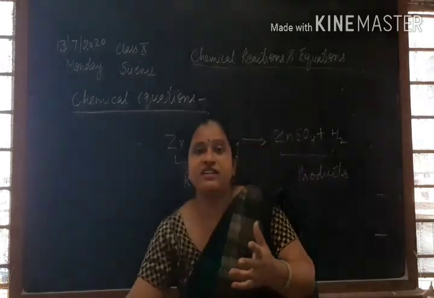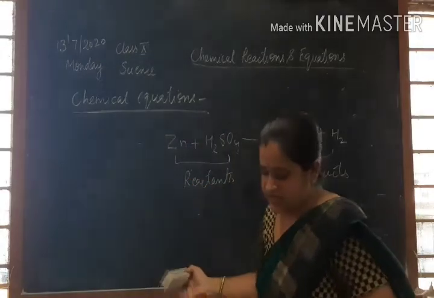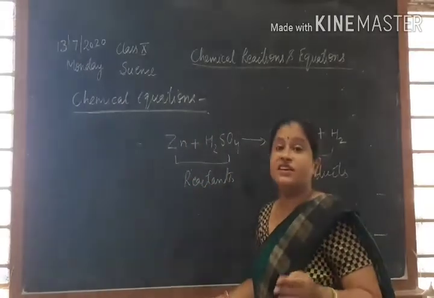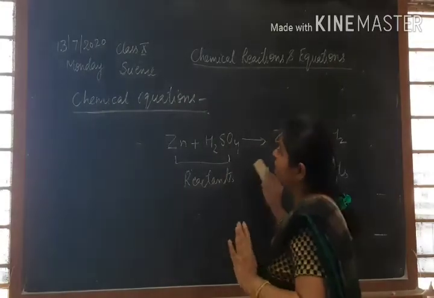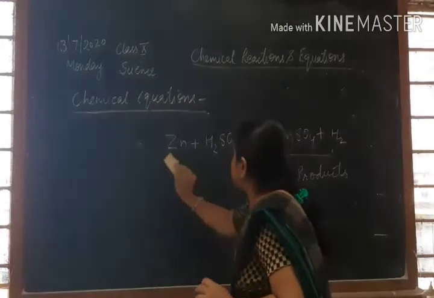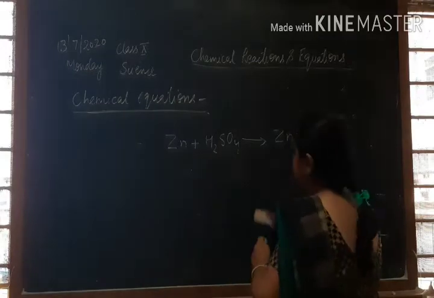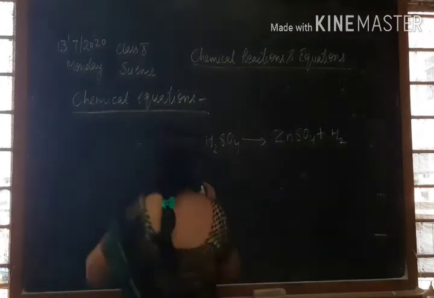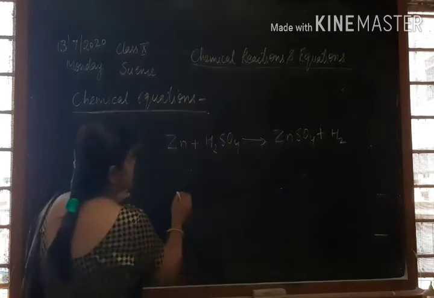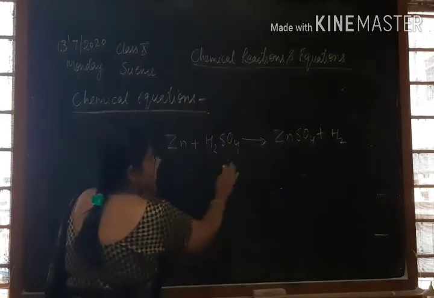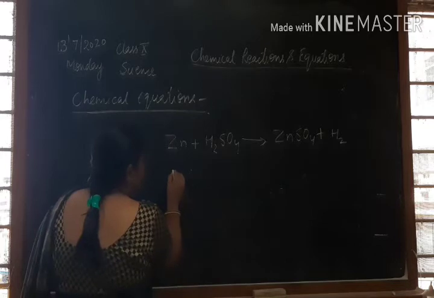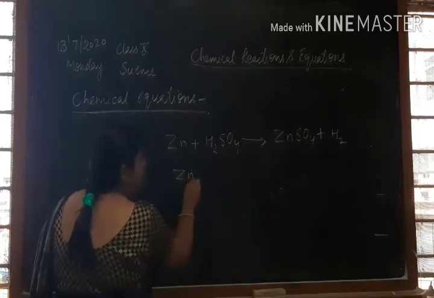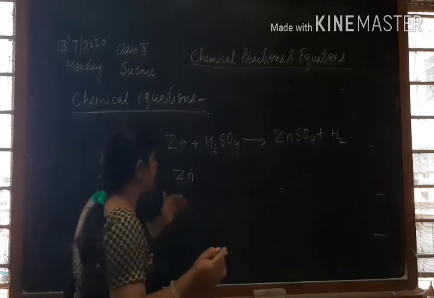Now we will understand what balancing of an equation is, or what a balanced and unbalanced equation is. For understanding this, suppose this is the reactant part. How many types of elements are here?